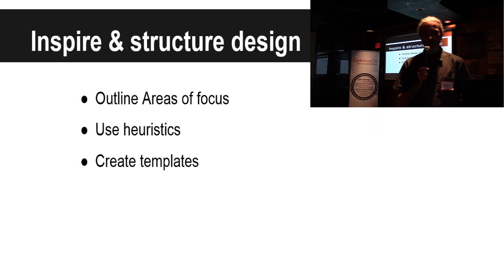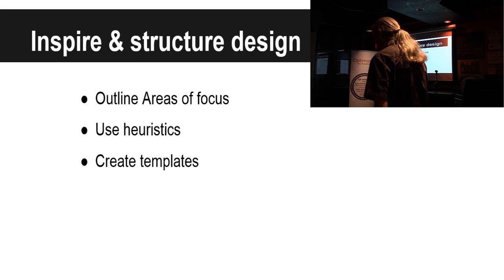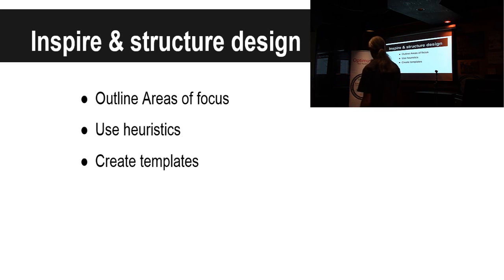So I talked a bit about having areas of focus called out by those black lines, but actually when you start and you say, okay, I'm going to put this area of focus in here, it could be a functional area.